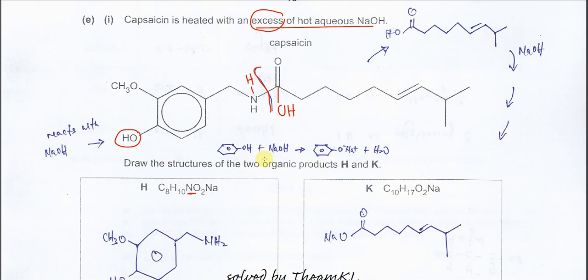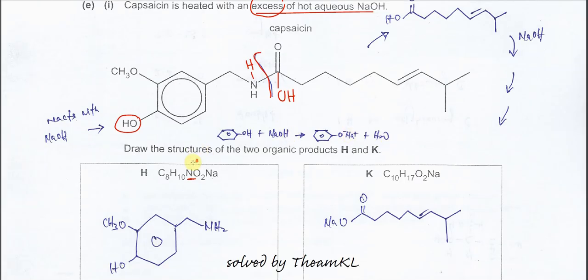So basically it's just a neutralization: acid and base form salt and water. Therefore the phenol will form phenoxide, with the H substituted by the sodium ion.